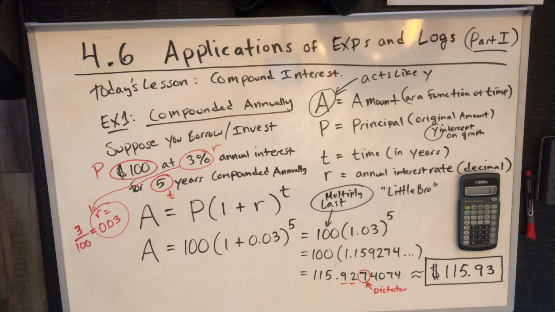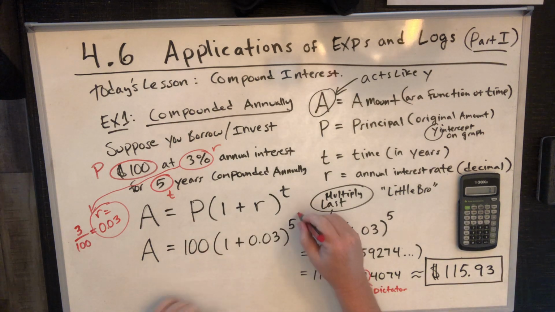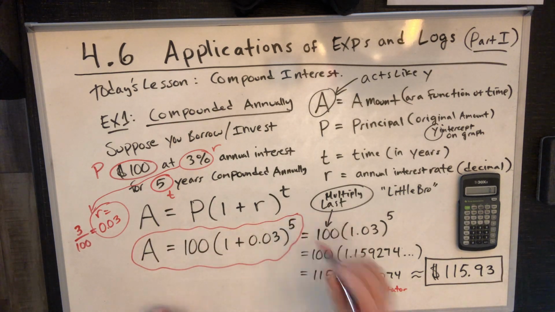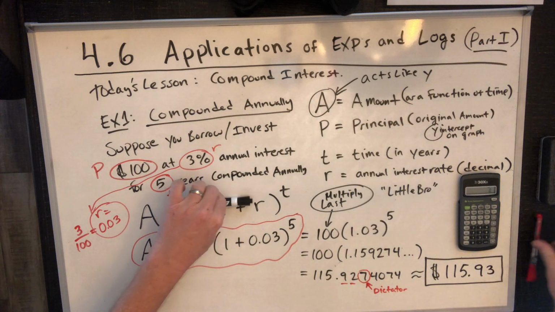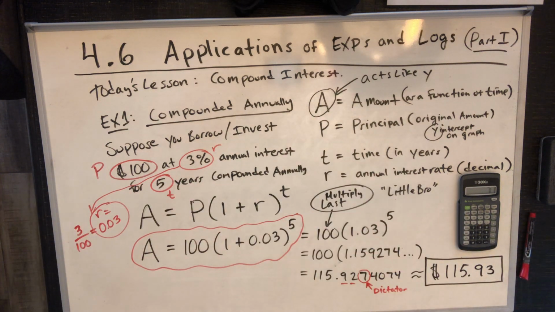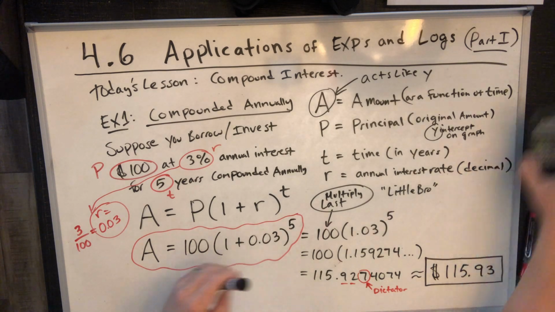Now, normally at this point I would ask, are there any questions? So I'm just going to assume the question, where does this formula come from? So before we move on to the next example, let me just do a little bit of illustration here to explain where this formula comes from, and then we can move on with some more examples.